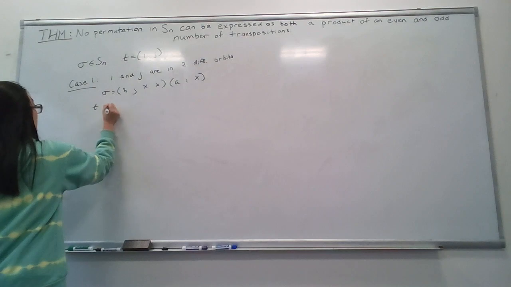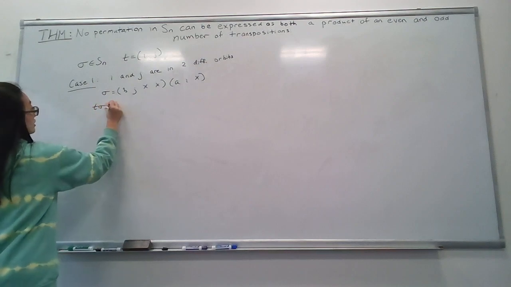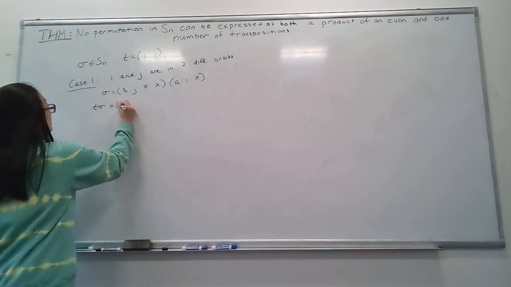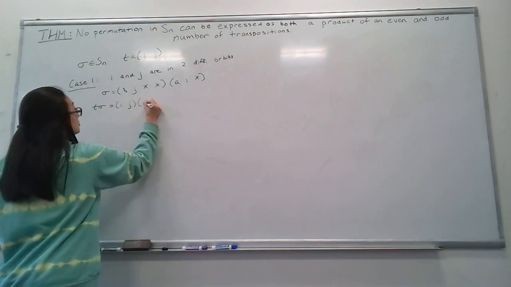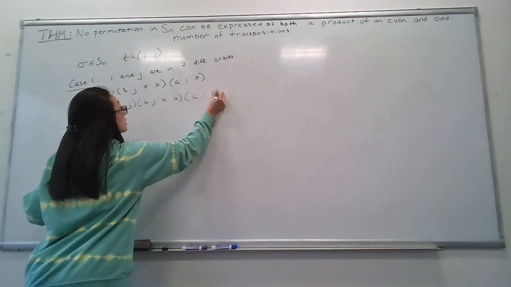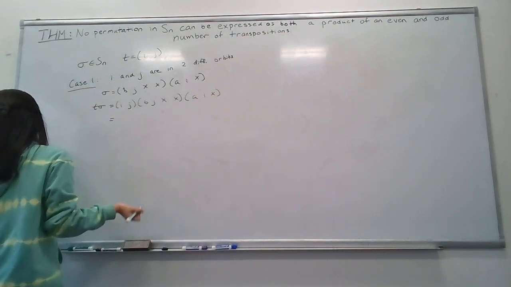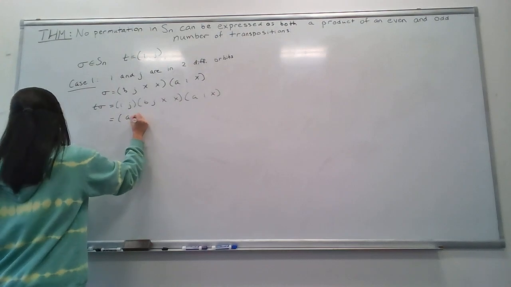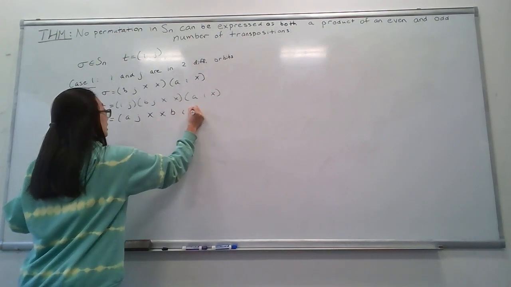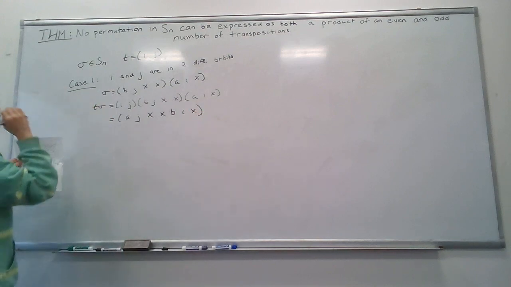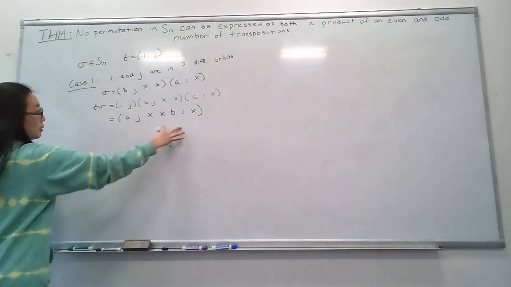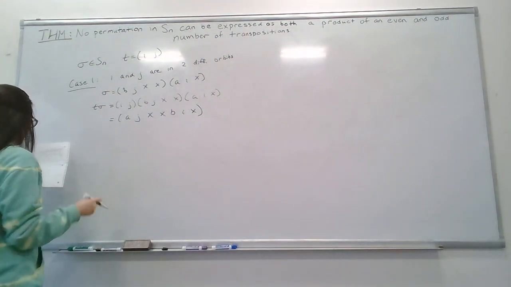So then the product of the transposition and the permutation is (b j x x), which yields (a j ...). And now notice if they're in 2 different orbits, the product combines the orbits.